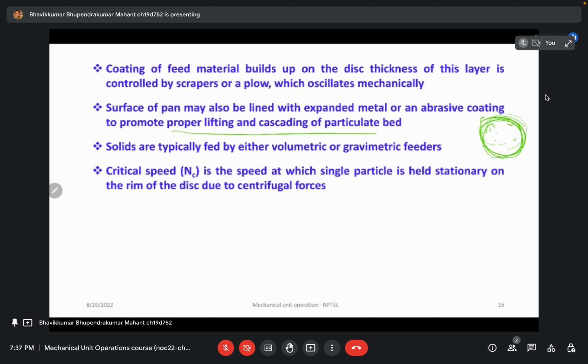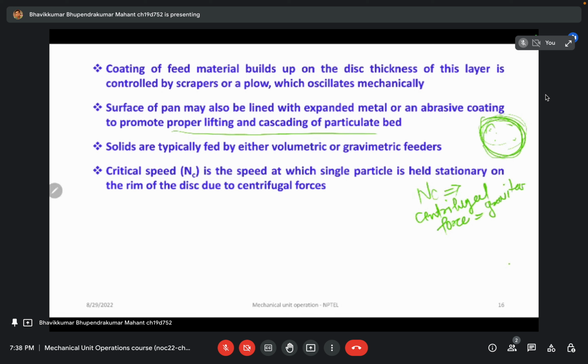Solids are typically fed by either volumetric or gravimetric feeders. Any kind of feeder you can use, and there is some critical speed at which you can rotate the whole disc granulator, at which a single particle is held stationary on the rim of the disc due to centrifugal force. That is what you get when you equate the centrifugal force with the gravitational force.